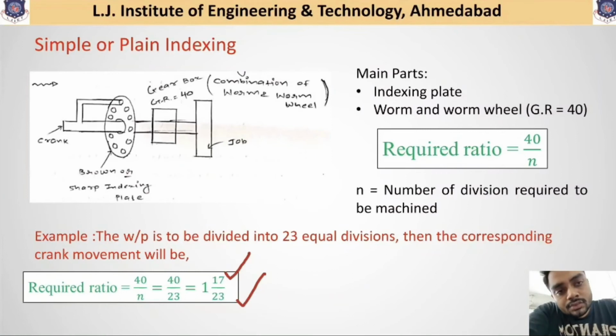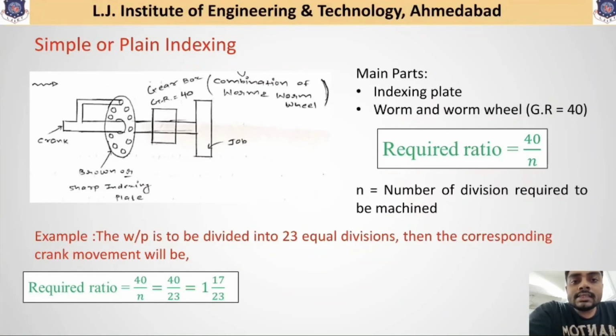And the first value, that is 1, gives the interpretation that to perform the 17 by 23 operation, first one needs to complete one complete revolution. So combining all these details, I will give you the perfect interpretation for this number.